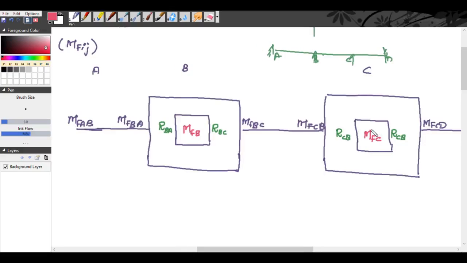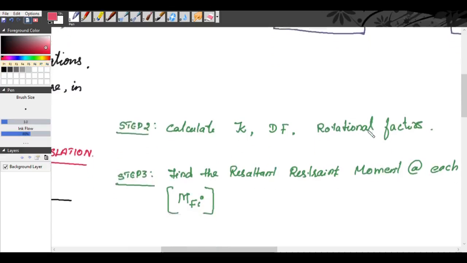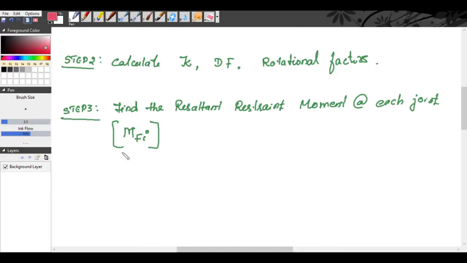Now we will move on to our fourth step. Step 4: compute the rotational contributions.